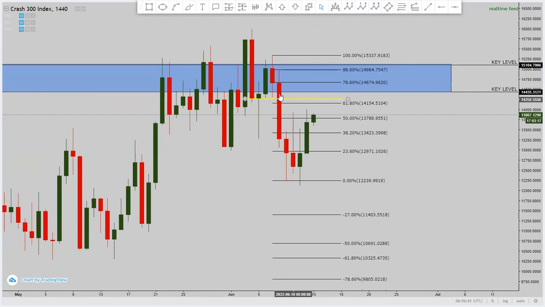The first confluence being a broken lower low or a broken support, which has now turned into a resistance, number one. Number two, that would be a formation of a lower high on the market.